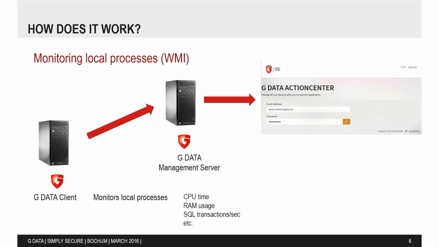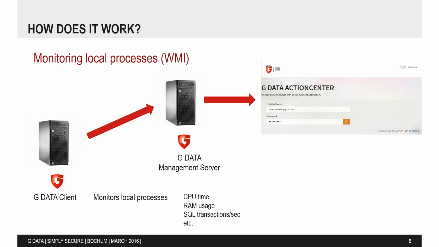So how is this actually working? If you would like to monitor local processes on a PC, when I say PC, usually if you're using a monitoring tool, you want to monitor your critical systems. It's highly unlikely that you're going to monitor your desktop systems. But for example, on a critical server, you want to see how much CPU time is being used, how much RAM is being used.